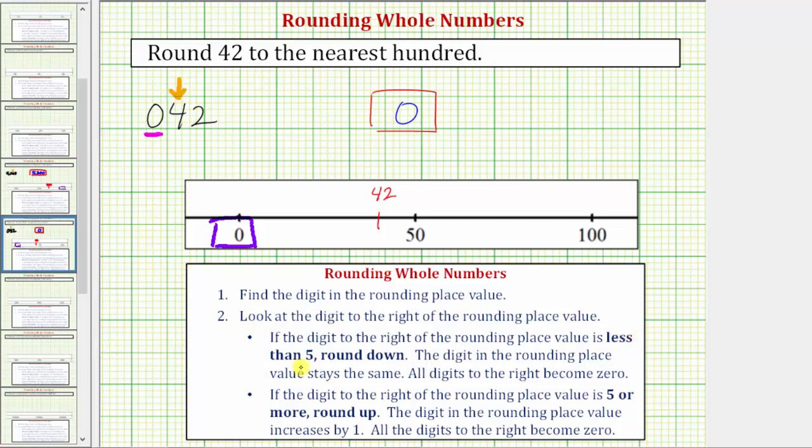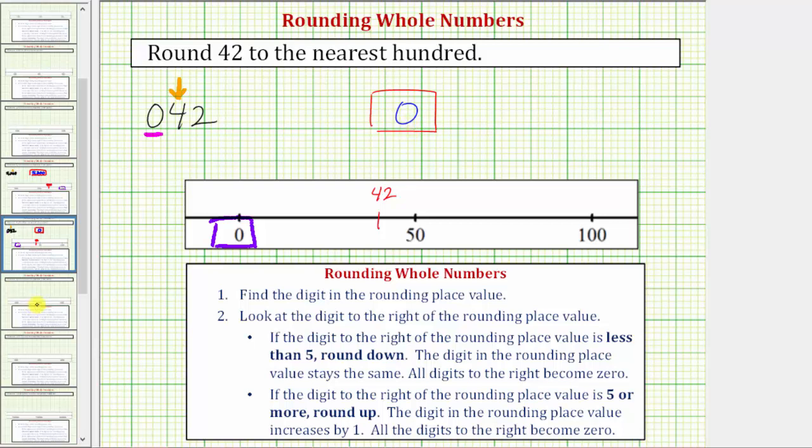Because 4 is less than 5, we round down, which means the digit in the rounding place value stays the same. So we keep a 0 in the hundreds place value. All digits to the right become 0. So we'd have 0 followed by 2 more zeros. Well, 0, 0, 0, of course, is still just 0. So 42 rounds down to 0 when rounding to the hundreds.